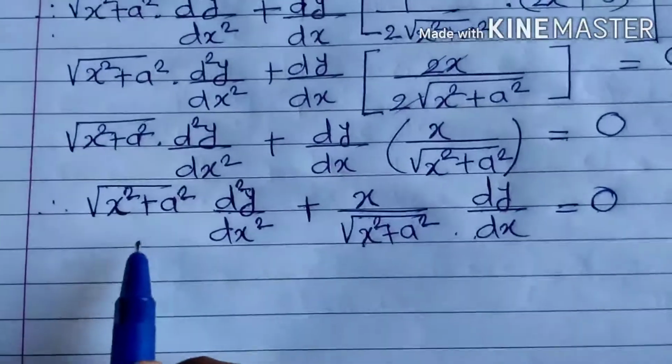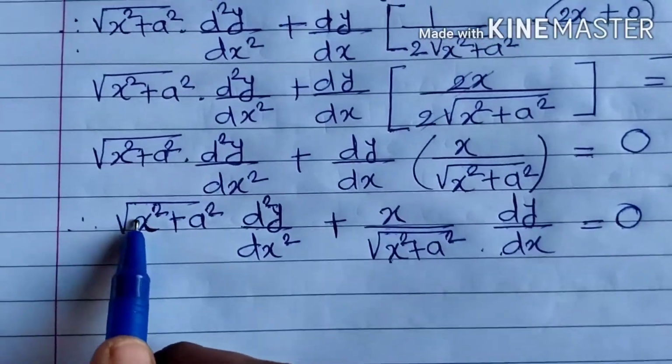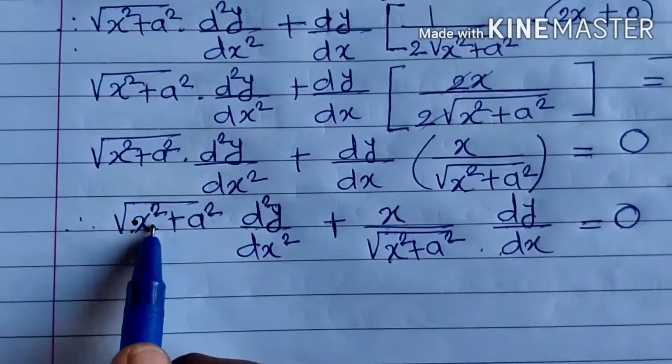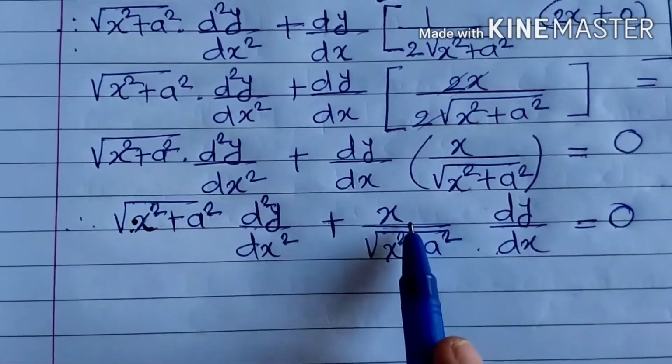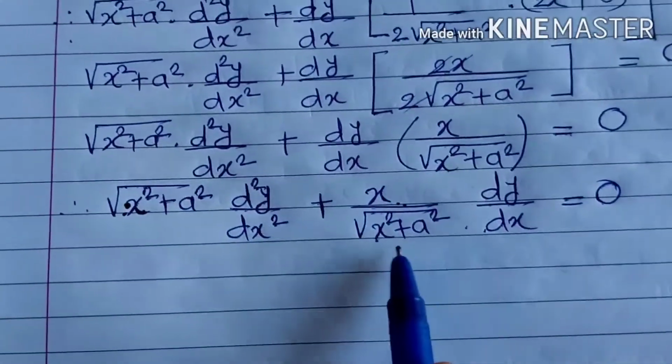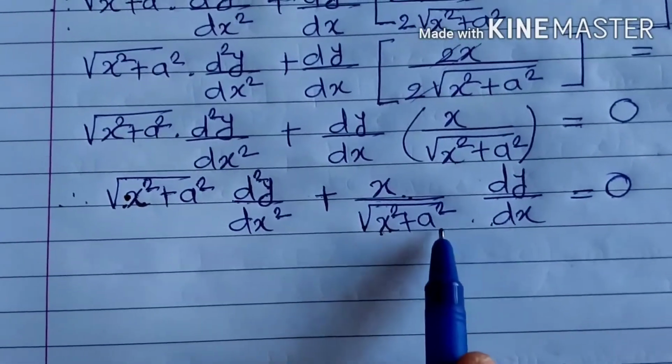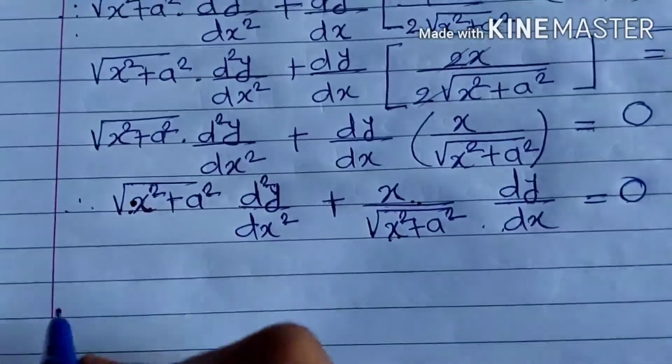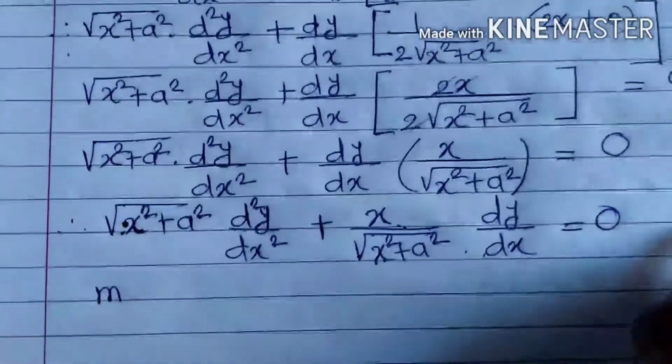So this is not our final answer. Here is under root and we want only x square plus a square, and here we want only x. So multiply throughout the equation by under root of x square plus a square. Write it equation first.